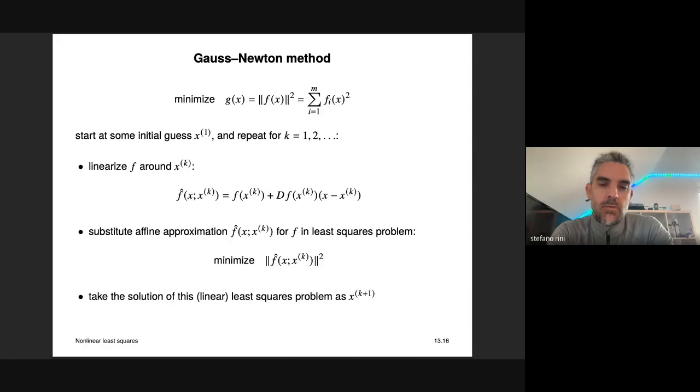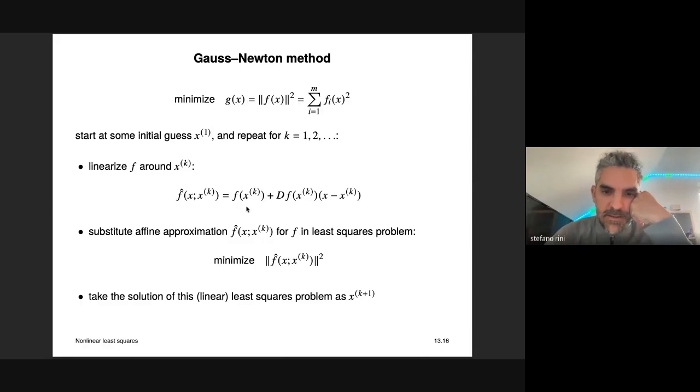And the way in which we want to approach this is using our beloved Gauss-Newton method. So what we do is that we take a function, and we linearize the function around a certain guess at time k, which is our beloved x of k. Remember that this notation means that we linearize on the independent variable x, and then we evaluate at x to the power of k.